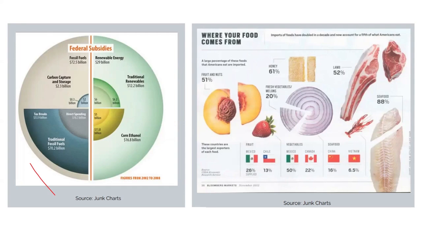If we look at the left-hand side, we have carbon capture and storage at 2.3 billion, which is not much bigger than traditional renewables at 12.2 billion. There's no connection. There's no logical relational value of representation between them.